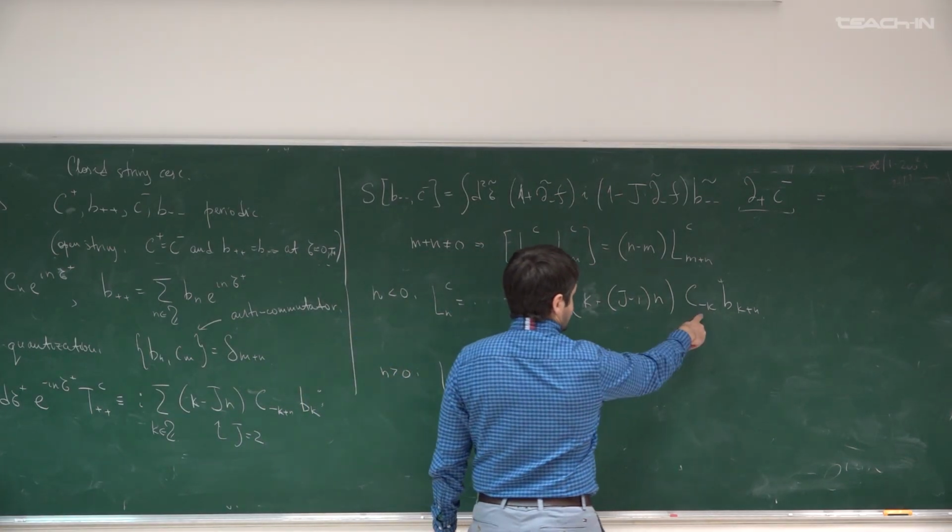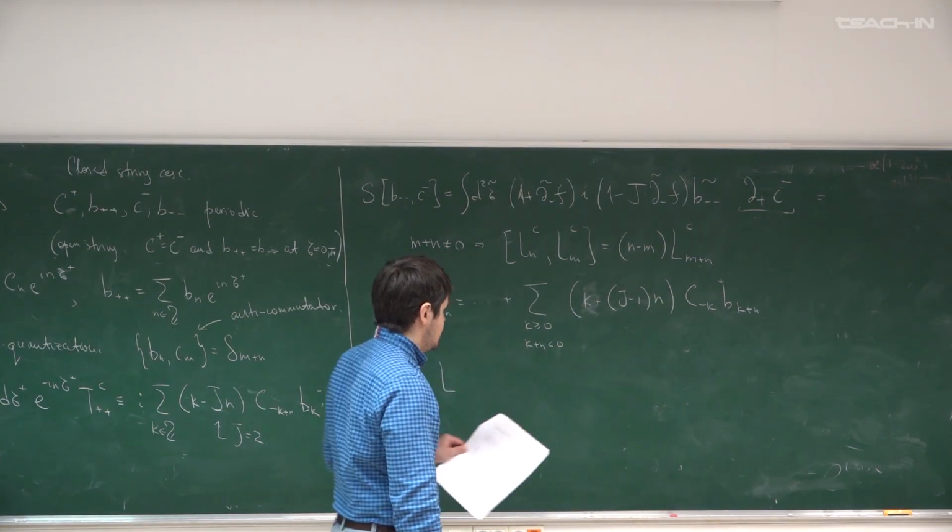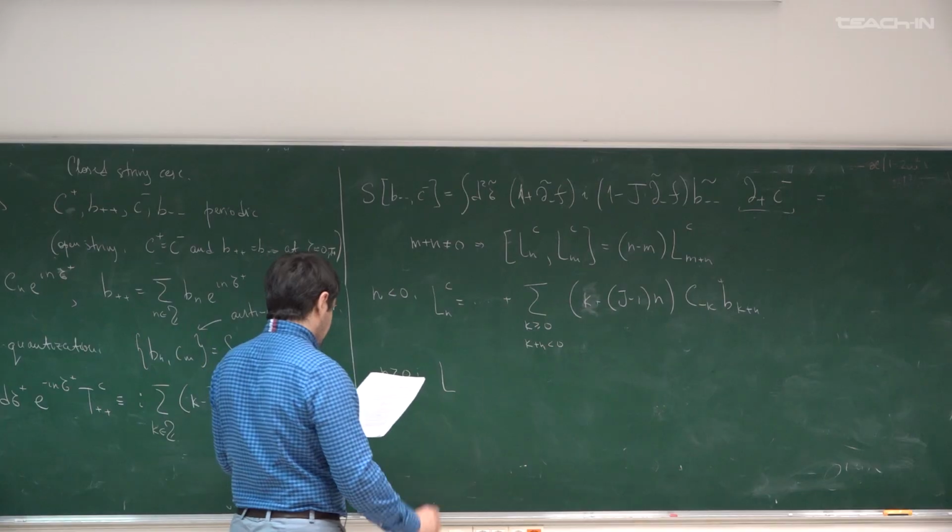Here both terms are creation operators because k plus n is negative, and this one is also negative, or non-positive, let's say.